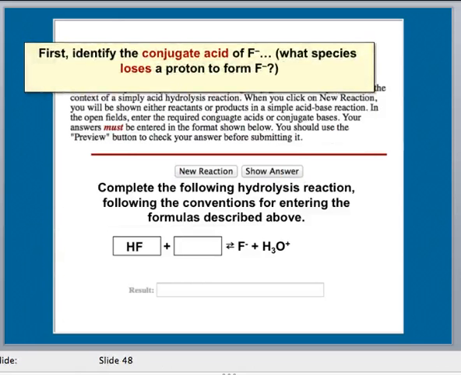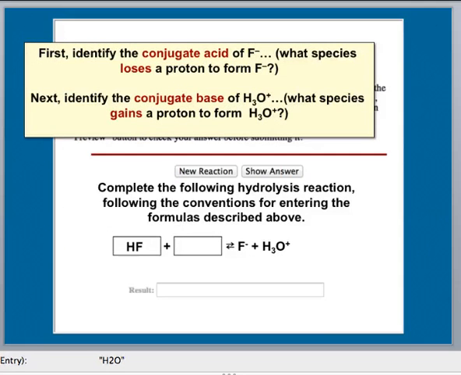Obviously, that's HF. Here, we need a Bronsted base that's going to form hydronium. The Bronsted base here is simply water.